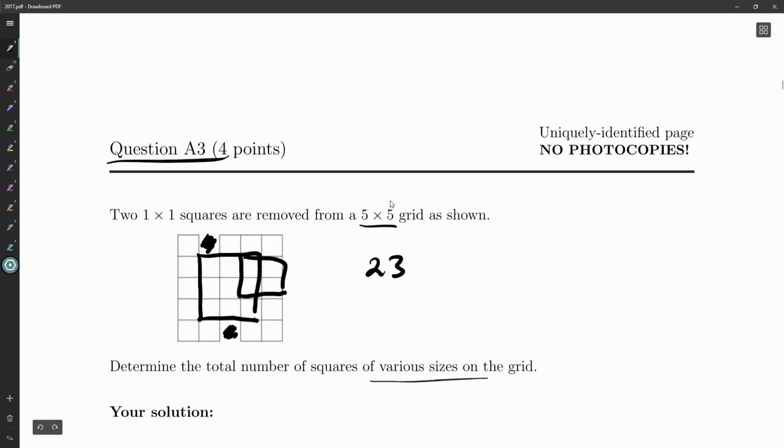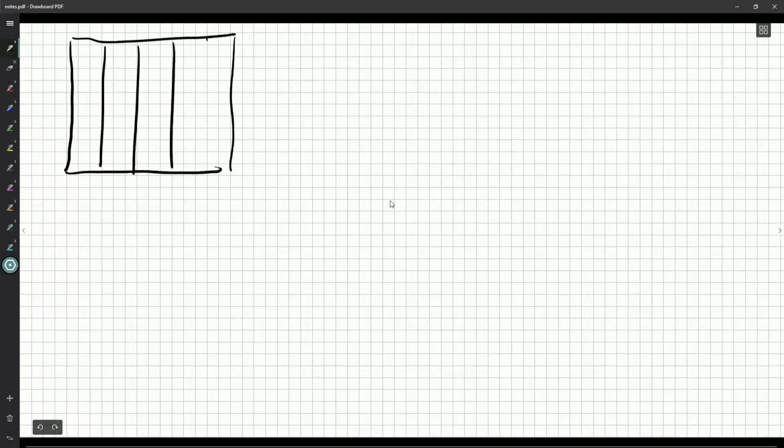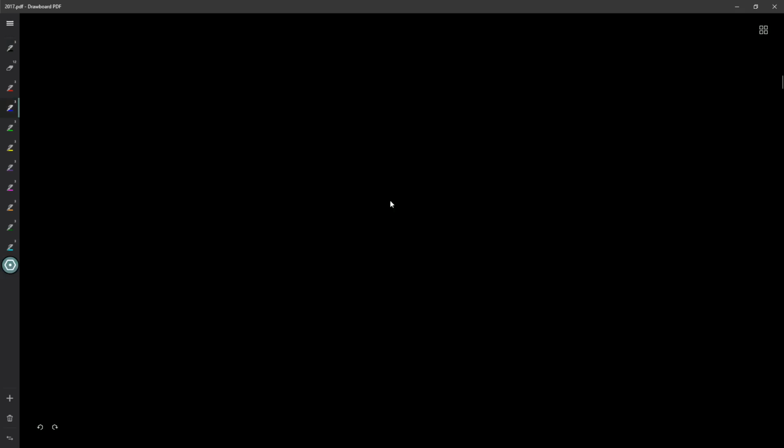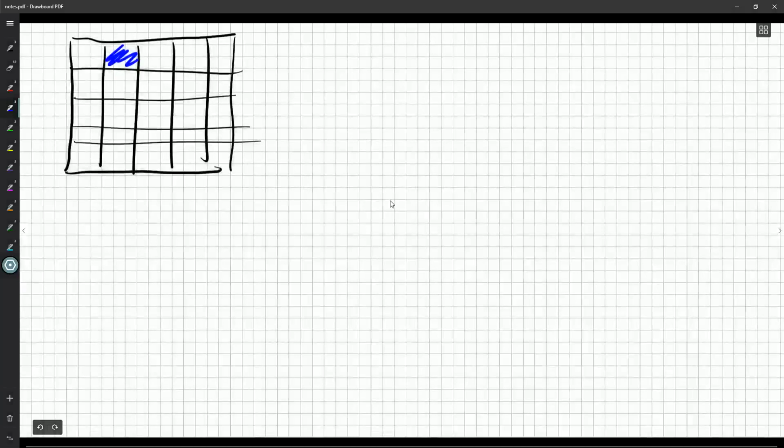So what I would probably do is try and do this question very methodically. I'd reproduce my grid, 1, 2, 3, 4, 1, 2, 3, 4, and then I would remove this one, and the other one, middle at the bottom.